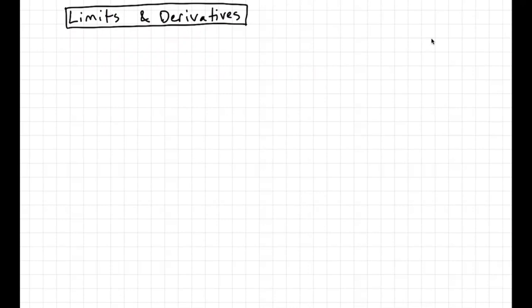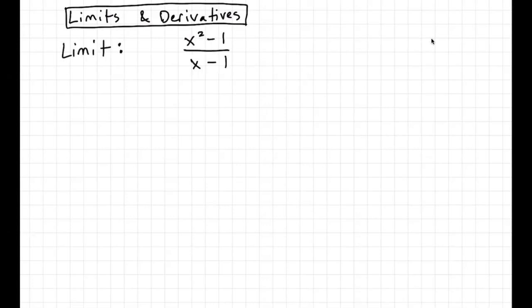So first of all, what's a limit? As a refresher, imagine that I have a function like this. So I've got some function that's x squared minus 1, and then x minus 1. So x squared minus 1 over x minus 1. If I try to evaluate this function at 1, it would be undefined because the numerator is 0 and the denominator is 0 when I plug in 1.